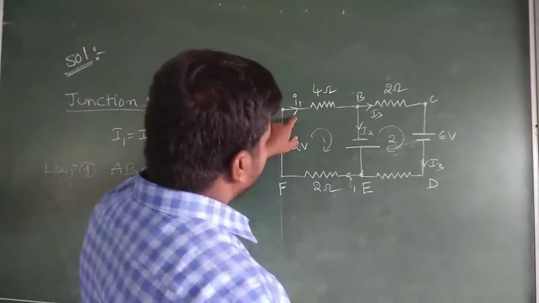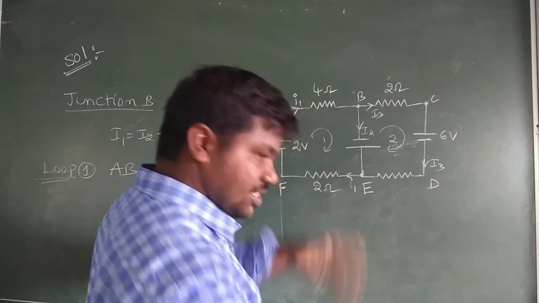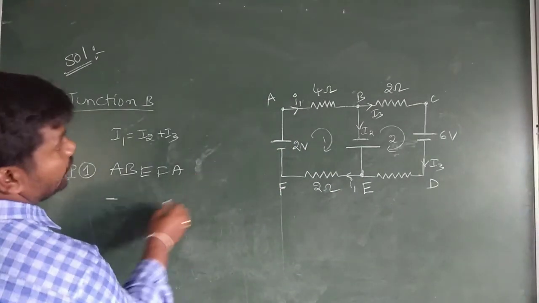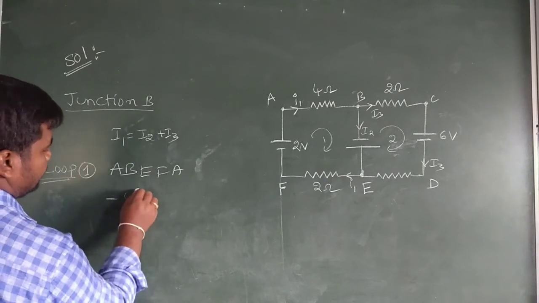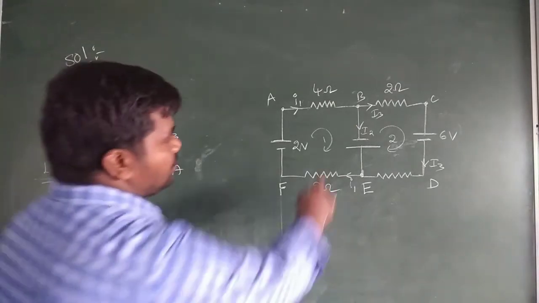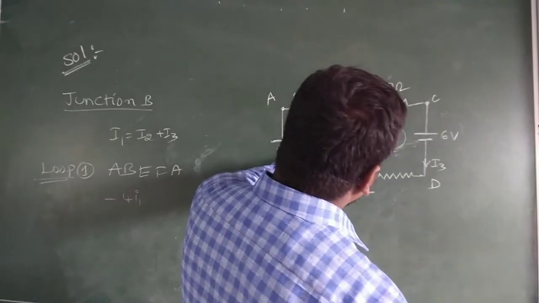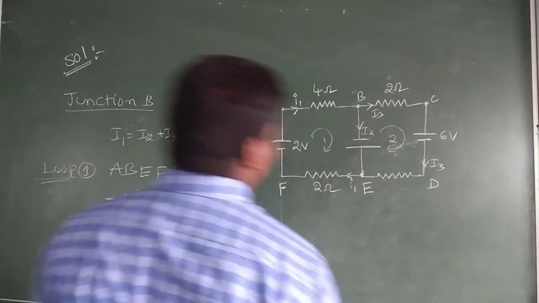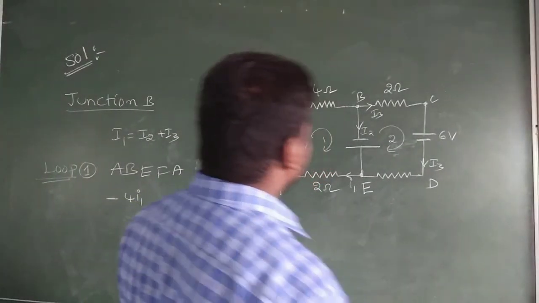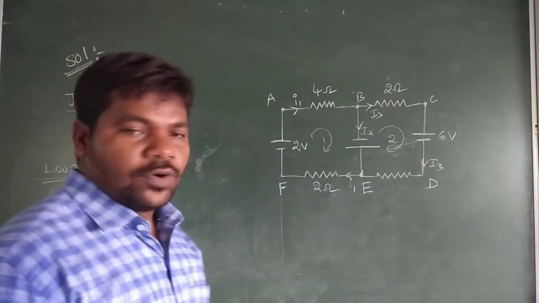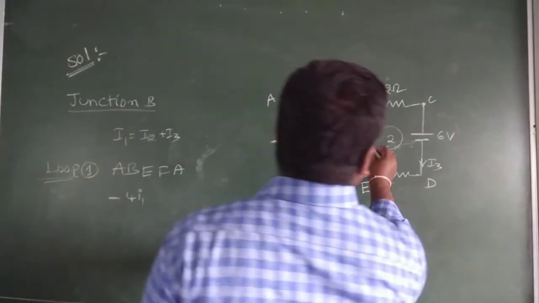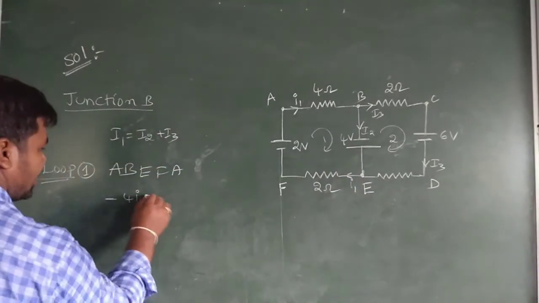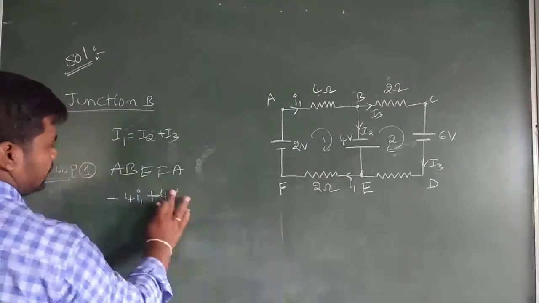The current and the clockwise direction are the same, so we take minus 4 into I1. Then the battery direction is towards the positive terminal. Here a 4 volt battery is there, in the same direction, so plus 4 volts.